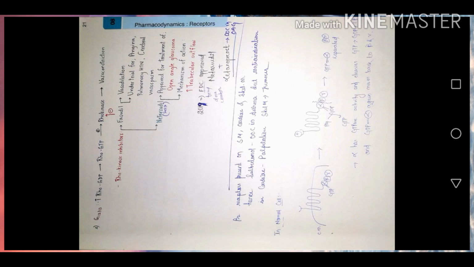The drug is called Fasudil. Fasudil inhibits the Rho kinase. As you know, when we inhibit the Rho kinase, it inhibits the vasoconstriction. Means the opposite is what? Vasodilation. So it causes vasodilation. Now this medicine is under trial for angina, pulmonary hypertension, and cerebral vasospasm.